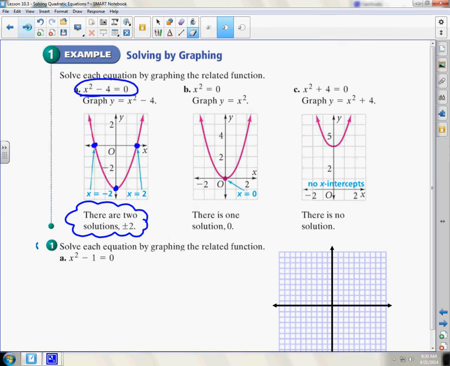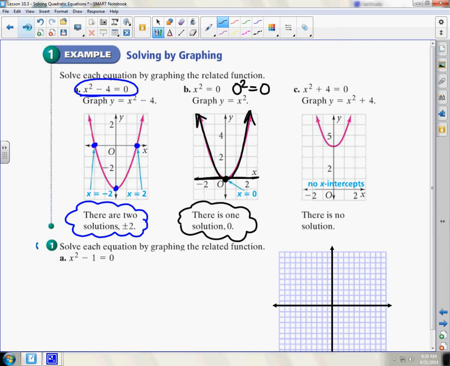On this one, this is the root, y equals x squared. This only has one solution because it meets the x-axis at 0. What would make that true? 0 squared equals 0. That's the only thing that can make that true. So this has one solution. Now here, this one doesn't even intercept the x-axis.